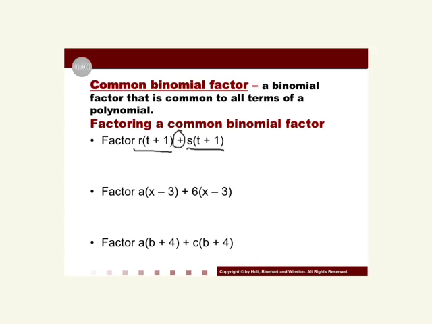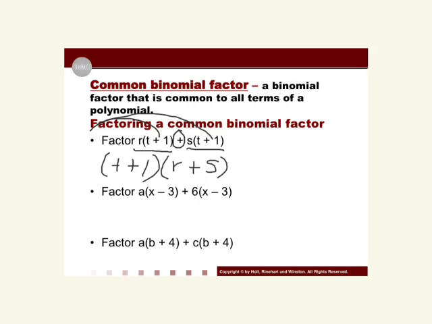And what's common in these two terms? Well, it appears that the binomial factor of t plus 1 is common in those two terms. And if I take that t plus 1 and I take it out, or I undistribute it, I'm going to be left with r plus s.